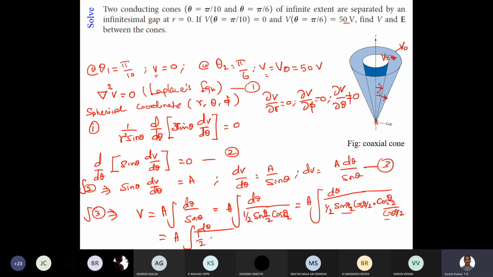So half term is there. So tan theta by 2 into cos square theta by 2, which will be equal to a into integral of cos square theta by 2. If you move it to the numerator, it will be secant square theta by 2 over tan theta by 2.